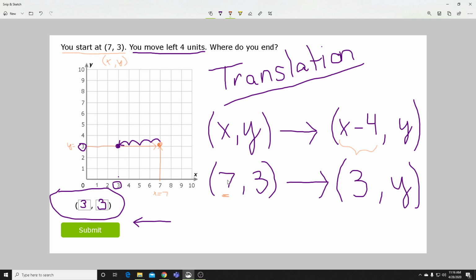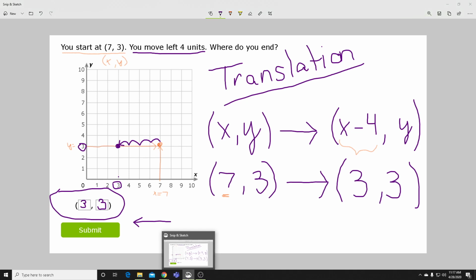So x minus 4 must be 7 minus 4, 3. And then actually, I meant to write, sorry about that. Let me get rid of this. This should have been a 3, right? Because we're keeping the same y. We're not moving up or down, we're just moving left by 4.